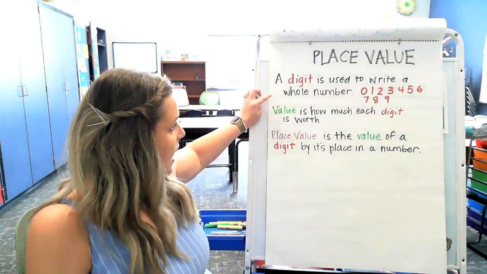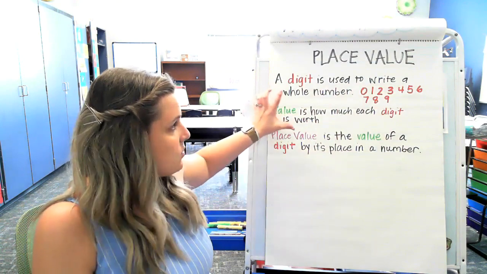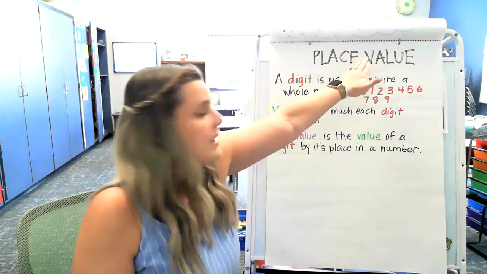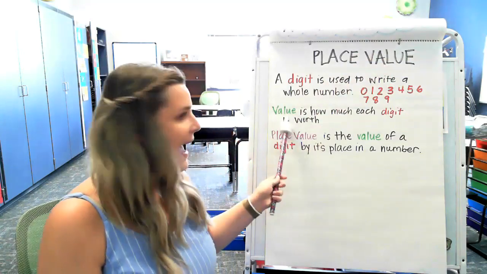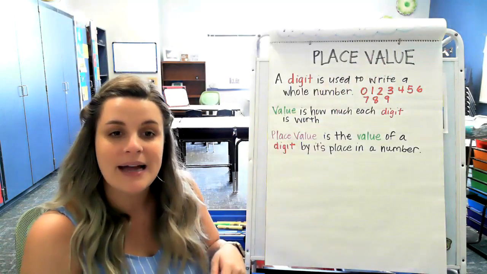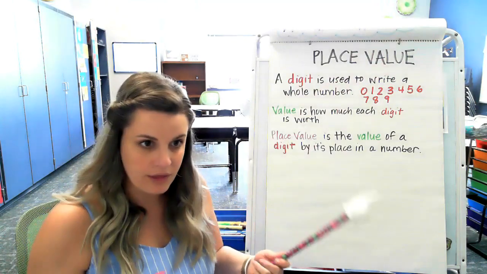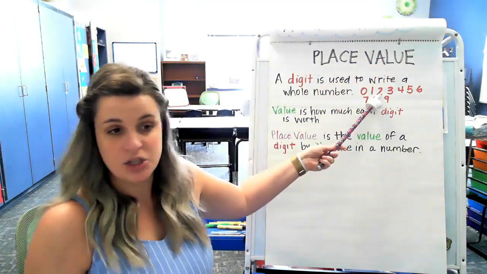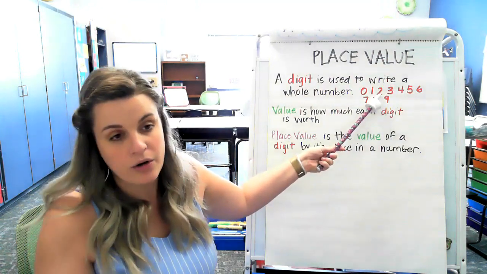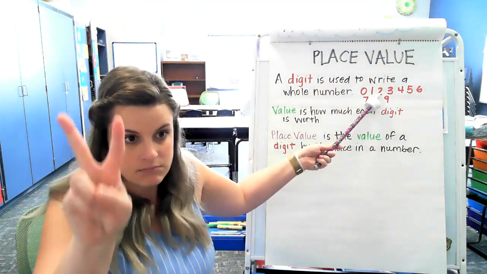The next word I want you to realize when we're talking about place value is what that second word, value, means. And the word value is actually how much each digit is worth. So if you're just talking about the number 2, that digit is worth 2 or 2 ones.